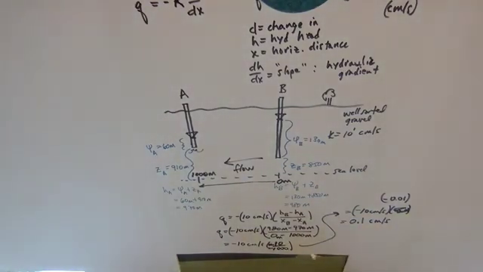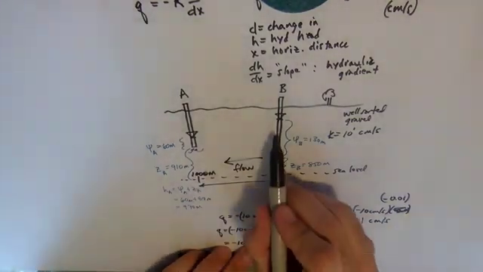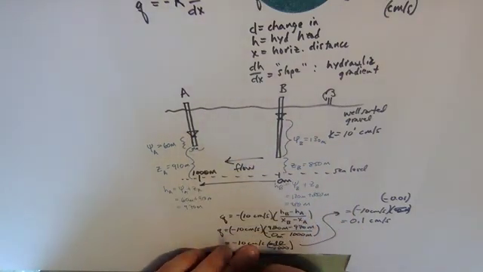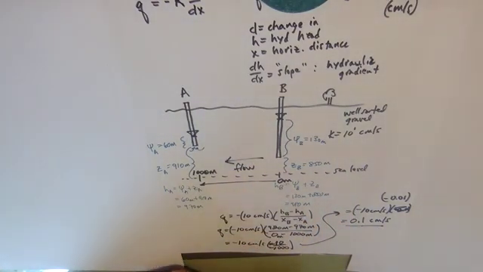So the water is flowing from well B towards well A at that rate, 0.1 centimeters per second. And that's how we use Darcy's law.